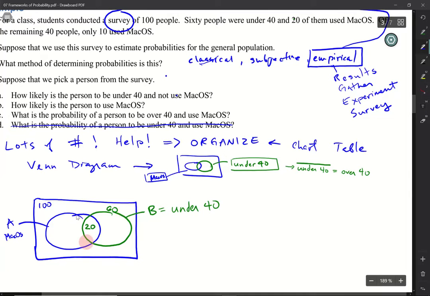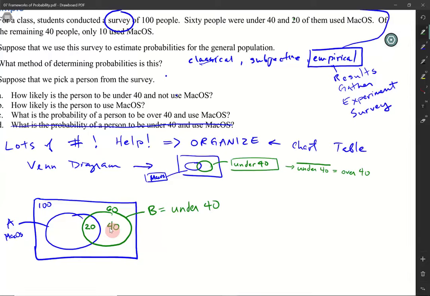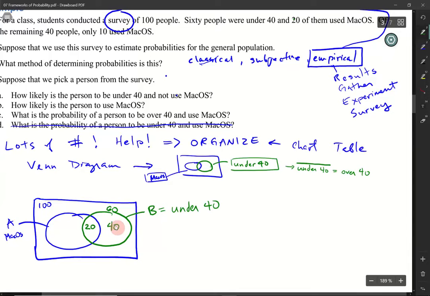There's 60 people, and of those, 20 use MacOS, right? So that's the intersection. So what goes over here? 40, because the total set of under 40 is 60. And so 20 of them also use Mac, and 20 of them don't use Mac. They use either possibly Linux or possibly Windows, but all we know is they just don't use Mac.